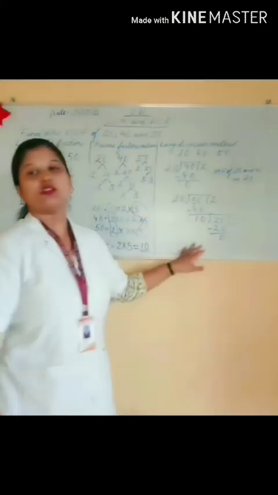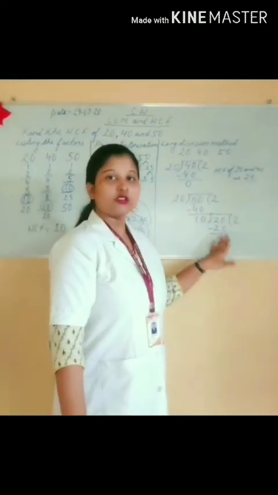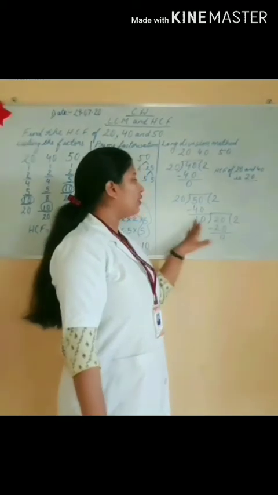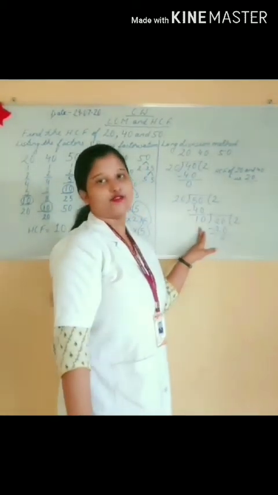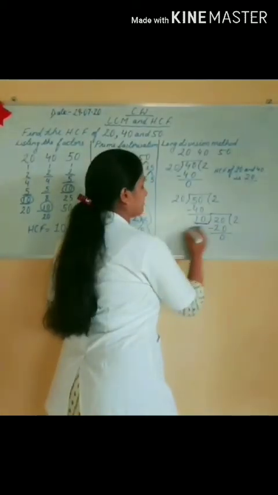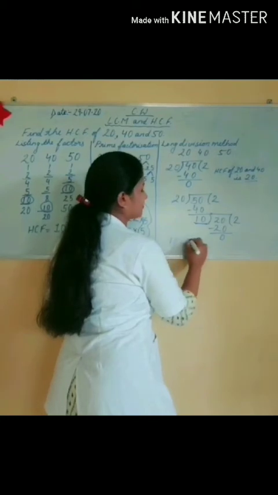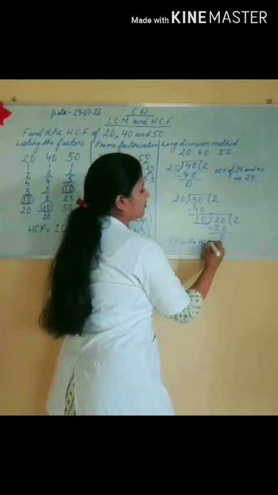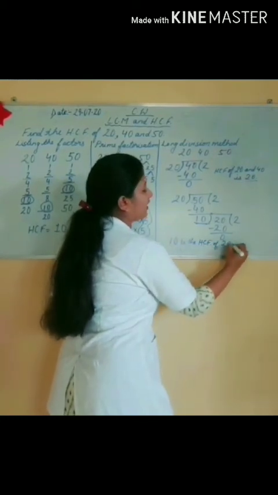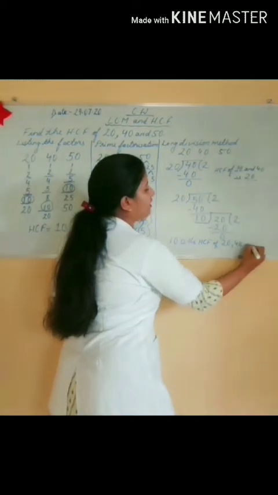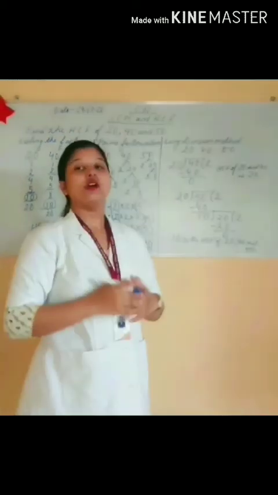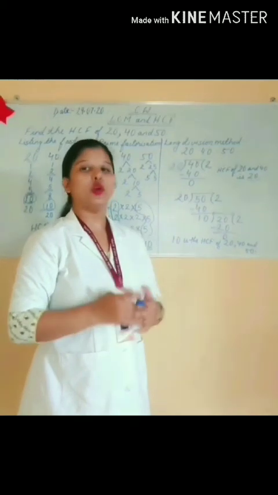Now our remainder is 0. So with 10, 0 is the remainder. Therefore, 10 is the HCF of 20, 40 and 50.